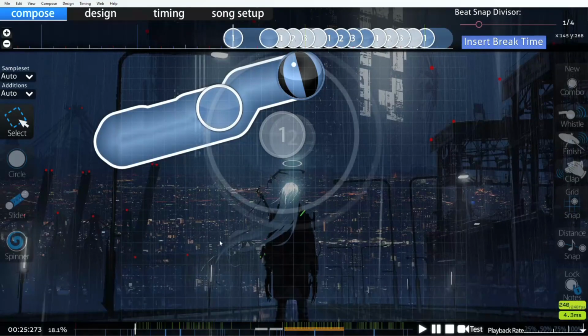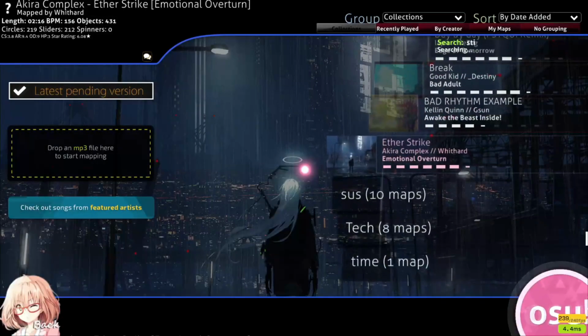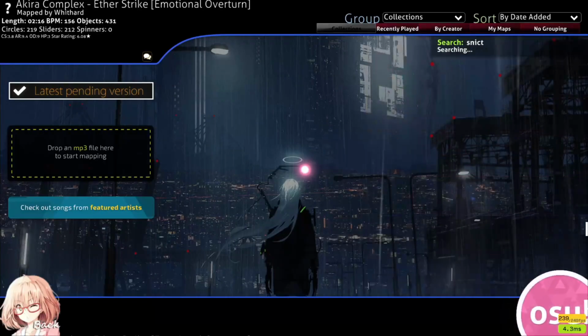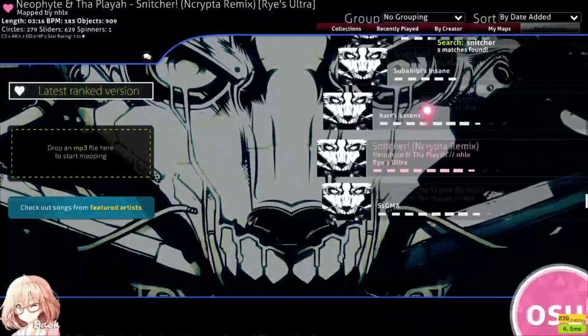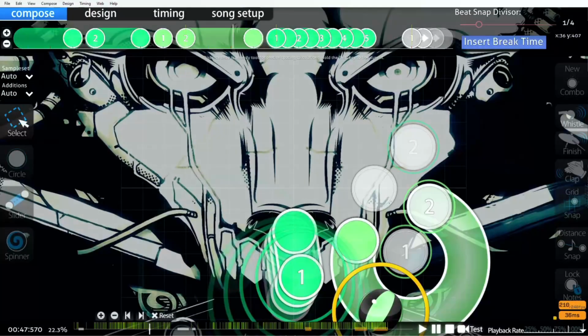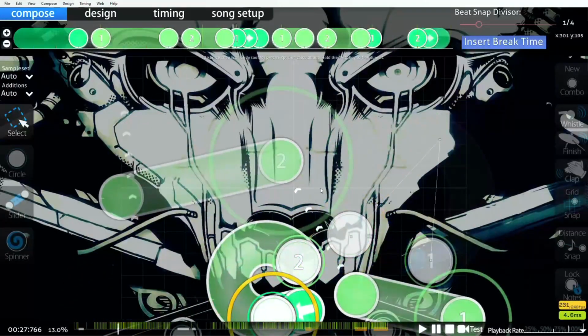Also, the slider angle is too high. Yeah, so what I was saying, eyeballing the axis is more than enough. Do you think Snitcher was made with a calculator? If you look at this right here, none of this is perfect axis other than lines, bro.